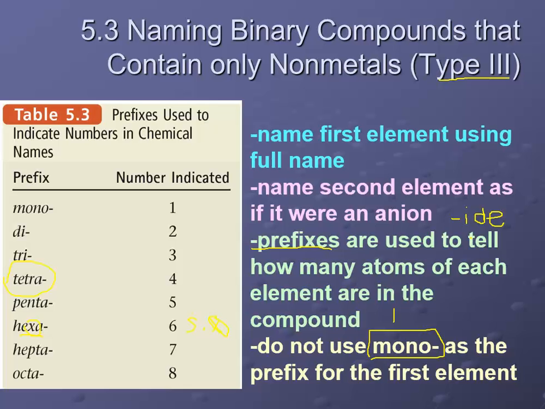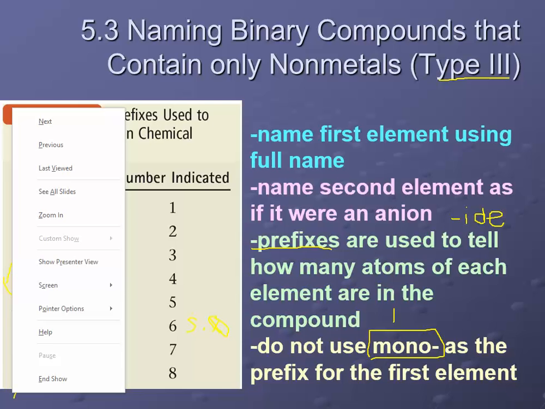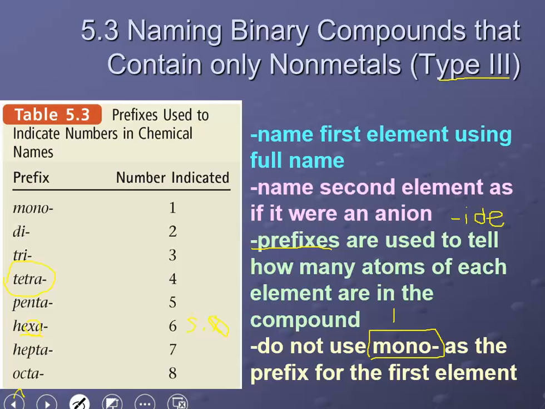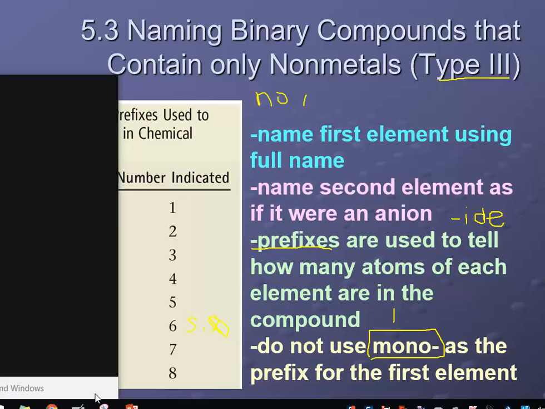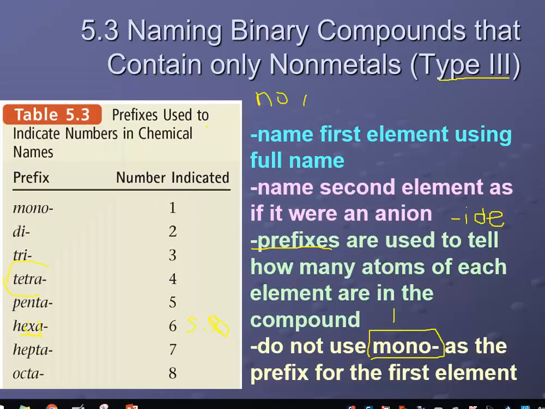Hepta is 7, octa is 8, and then there are 2 more. If you look in your textbook, in your chart, you see these 8, but somebody should have written in 2 additional prefixes. One of them is nona, N-O-N-A.